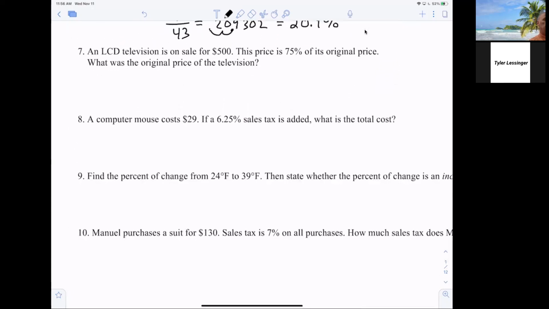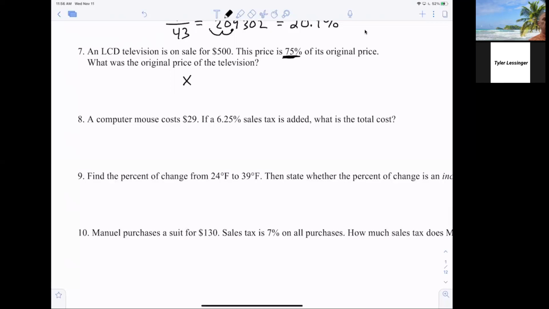Now let's do number 7. It says an LCD television is on sale for $500. So this is what we did yesterday. You got to be real careful. We don't know what the original price is, so that's X. Now here's where they kind of tricked you.